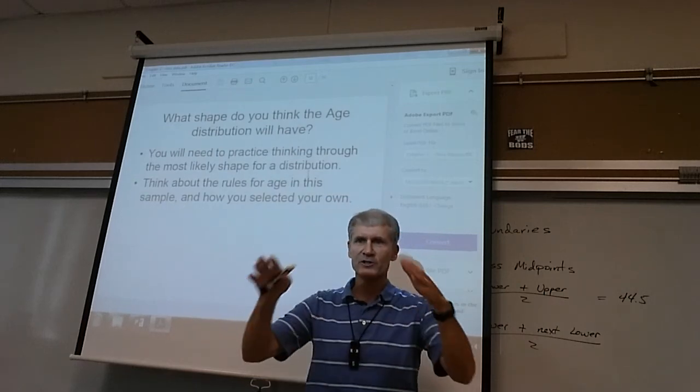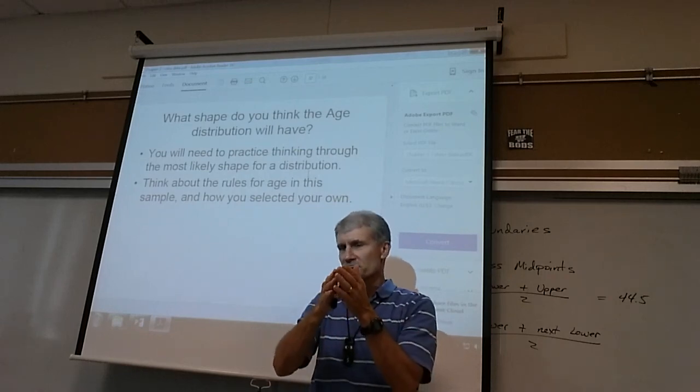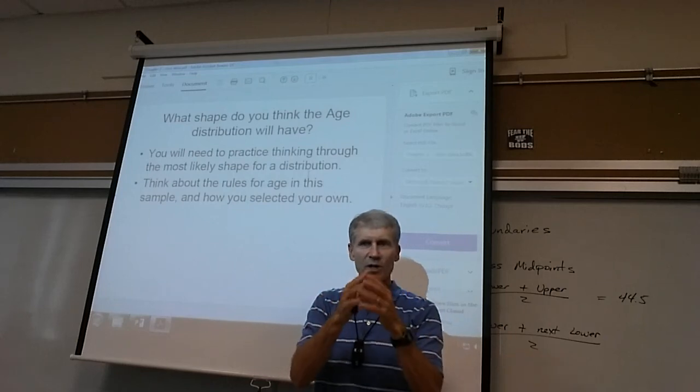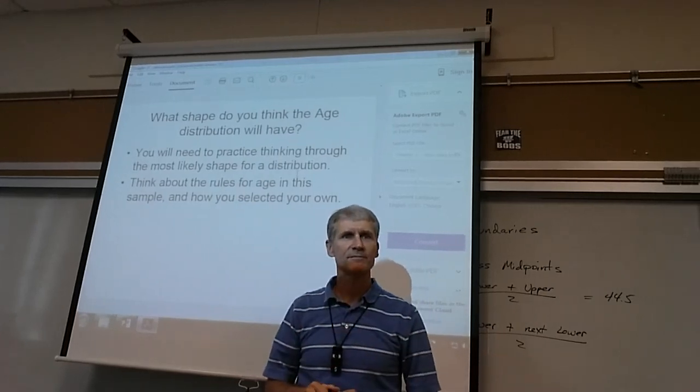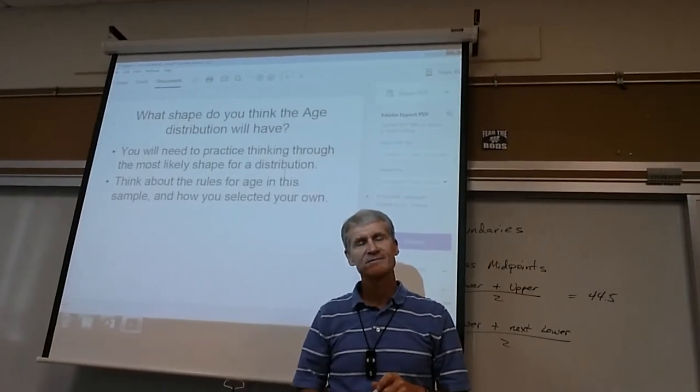Height was very bell-shaped and symmetric. You have an average, and you have just as many people below average as above average. What do you think about this age variable? All over the place. What did you say? It would be all over the place?